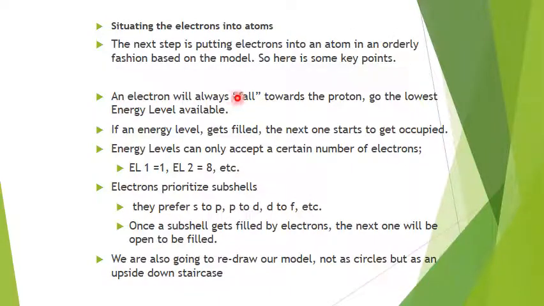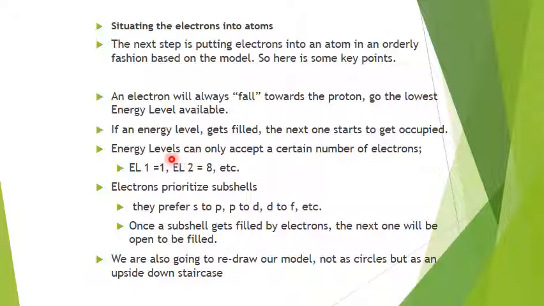Okay, so some of the things we're going to keep in mind is electrons will always move towards protons, and that means they will always seek the lowest energy level. Now, if one of the lower energy levels gets filled up, what happens is that the electron has to go up to the next energy level.